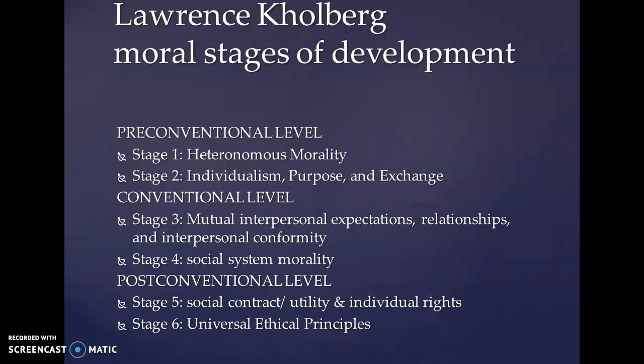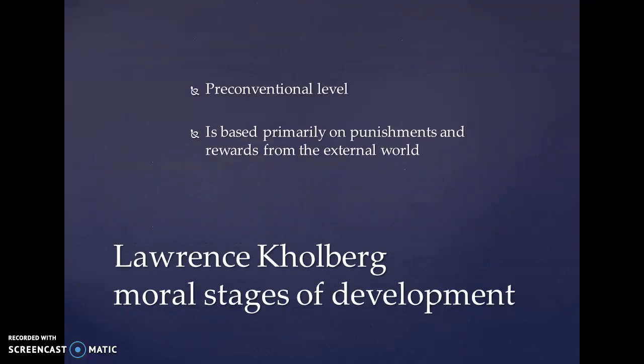On the conventional level, you have stage 3, which is mutual interpersonal expectations, relationships, and interpersonal conformity, and stage 4, social system morality. The third level is the post-conventional level, where you have stage 5, social contracts, utility and individual rights, and stage 6, universal ethical principles. And we'll go into each of them.